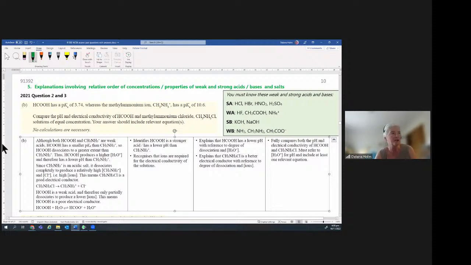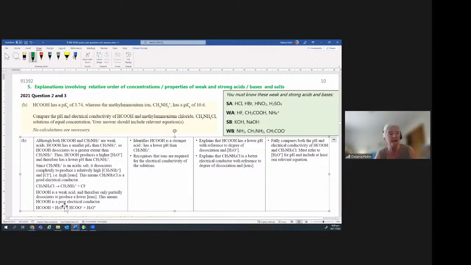So if you are given these substances, write the equation for when it dissociates in water. And remember, with the equations, be careful of the full arrow as shown over here for the methylammonium chloride. That is a salt. So a salt dissolves completely, so you use the full arrow because it goes completely to the right.